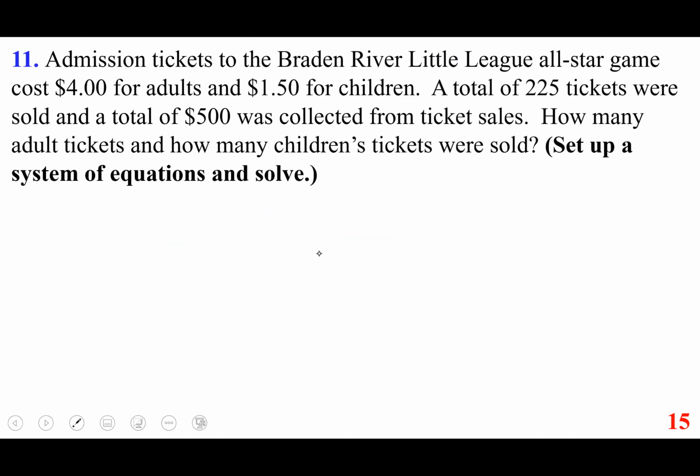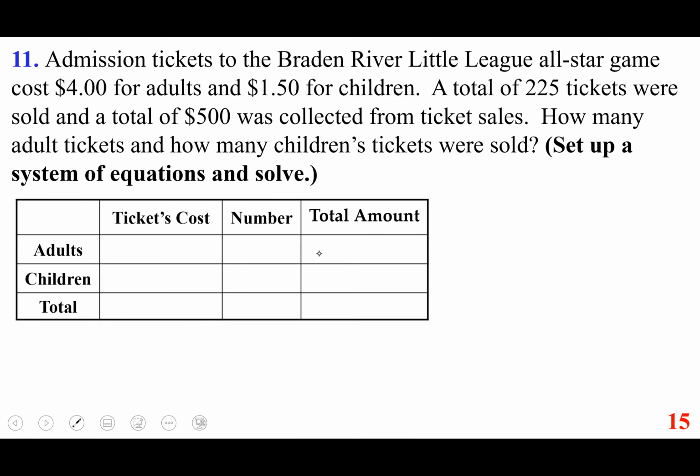Excellent. Again, in essence, you have a mixture problem because the total number of children and adults is given. So you have to set up a table as follows. We have adult, children, total, and the ticket cost: $4 for adults, $1.50 for children.